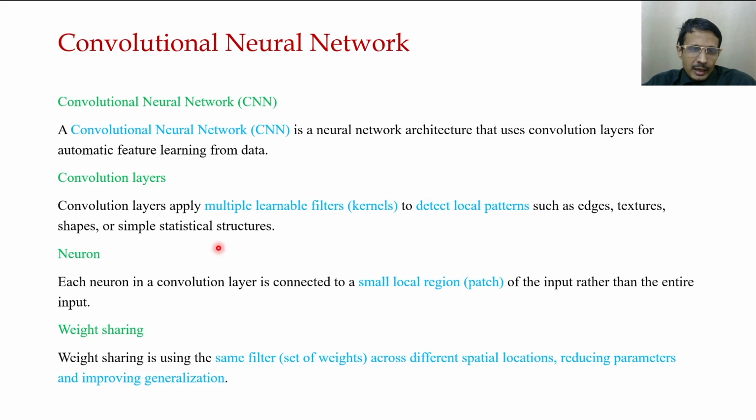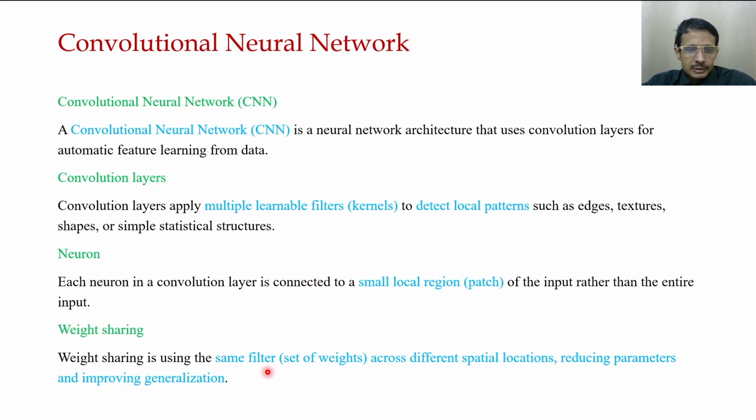In a convolutional layer, the neurons are generally connected to a small local region, for an image, the image patch, rather than the entire image. We will also try to understand why this characteristic exists in CNN.